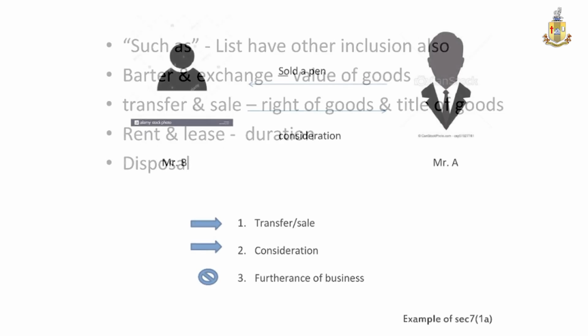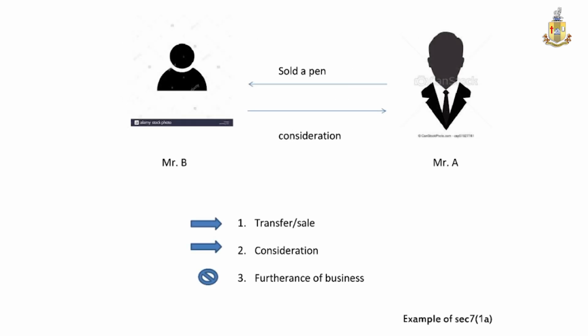Here we have an example. Mr. A sold his pen to Mr. B and Mr. B gave a consideration. Here we would think that this is supply, but according to GST this is not a supply, because Mr. A sold his pen since it is very old and he wants to sell it.